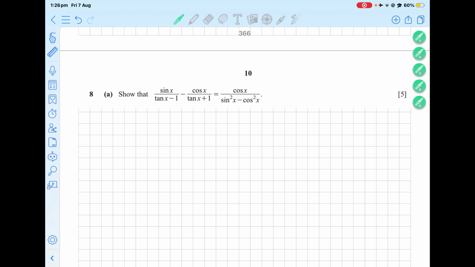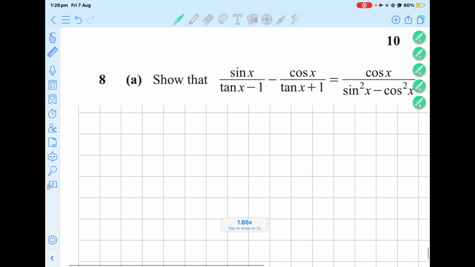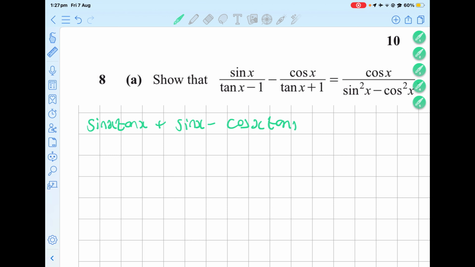So sine x tan x plus sine x minus cos x tan x plus cos x over tan square x minus 1, and sec square x is equal to tan square x plus 1, so that could be sec square x minus 2.